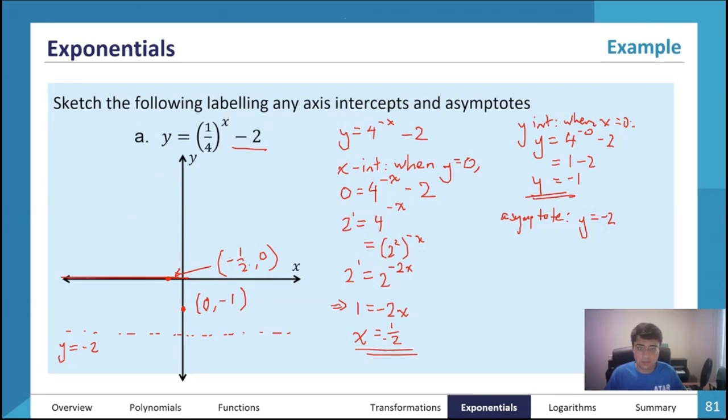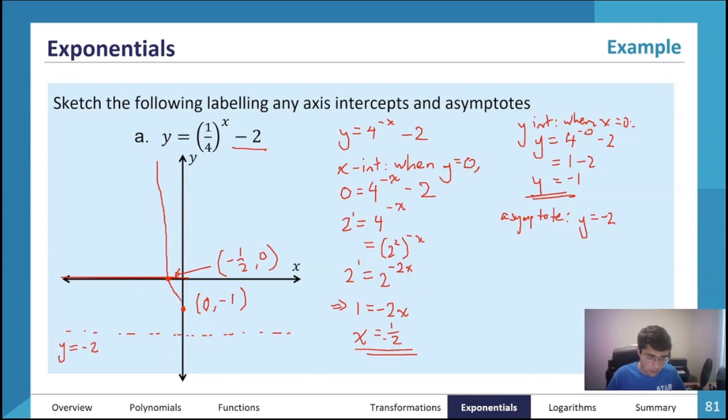Okay, so the last thing I want to consider is just the general shape of the graph. Again, I know that the graph is a fraction to a power, so it's going to be the general shape of the exponential graph, but just reflected in the y-axis. So it's going to look something like this.